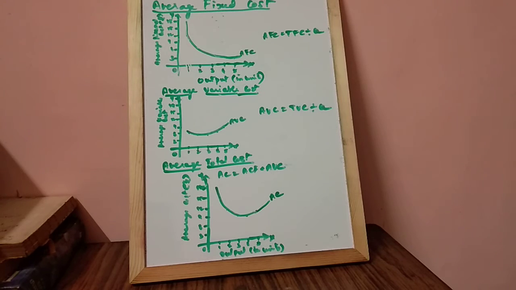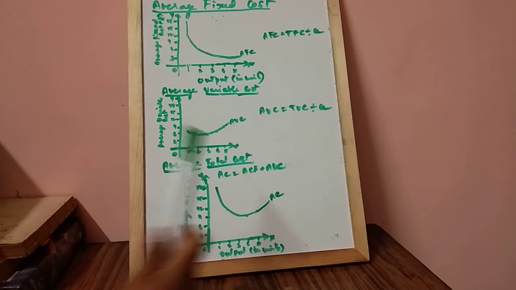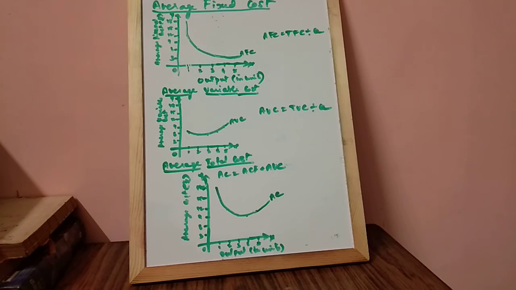The next one, average total cost. Average total cost refers to the per unit cost of production. It is calculated by dividing total cost by total output.